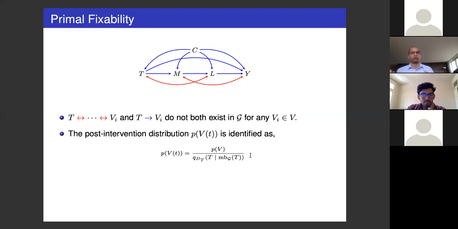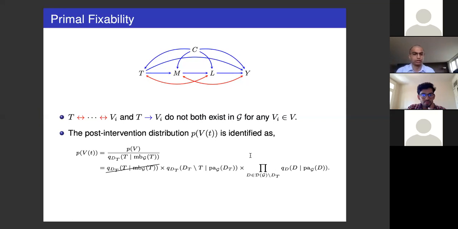And so what we do is we try to make an explicit connection with the Tian factorization. If you expand out the Tian factorization of the observed data distribution and divide it by this propensity score, the Tian factors that correspond to everything that's not involved in the district of T remain unchanged.